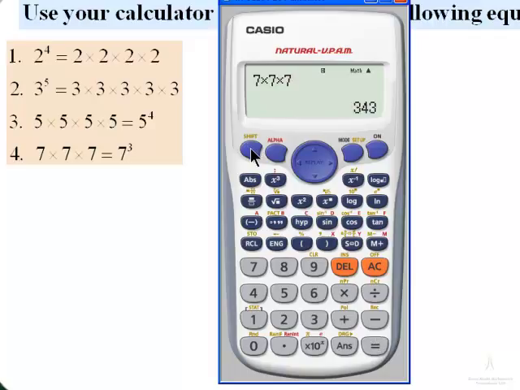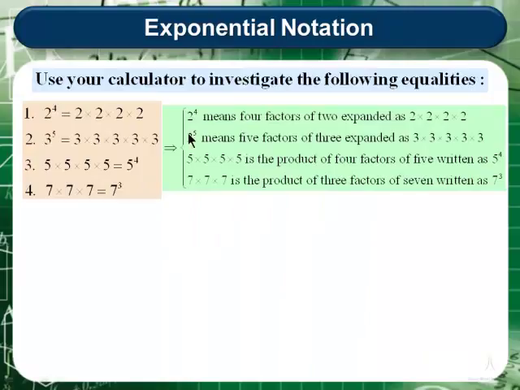But again, if I convert this answer of 343 and write it in terms of its prime factorization, then clearly the calculator indicates that 7 to the power 3 is the same as 7 multiplied by itself 3 times. So what can we conclude?